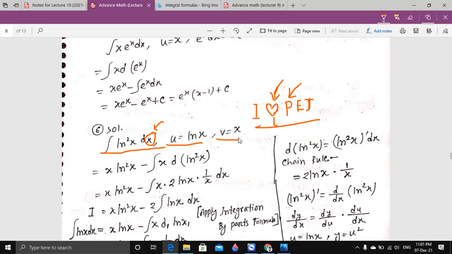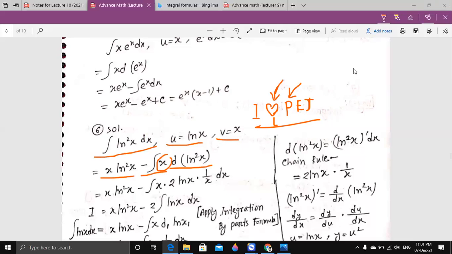So you see we have dv already set. That means it is easier, am I right? So we can just implement the formula directly. Integration of u dv is u multiplied by v minus the integration of v du.